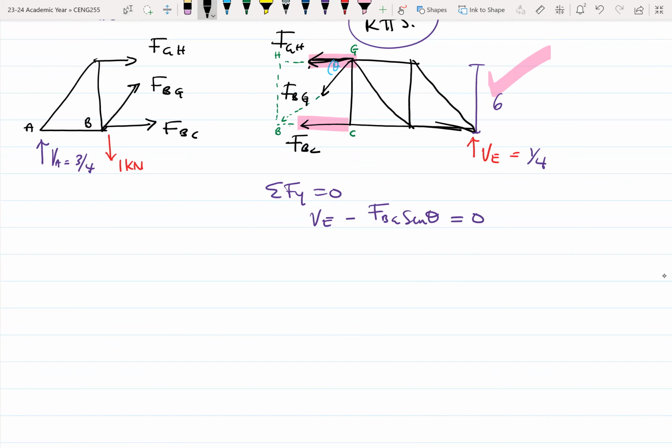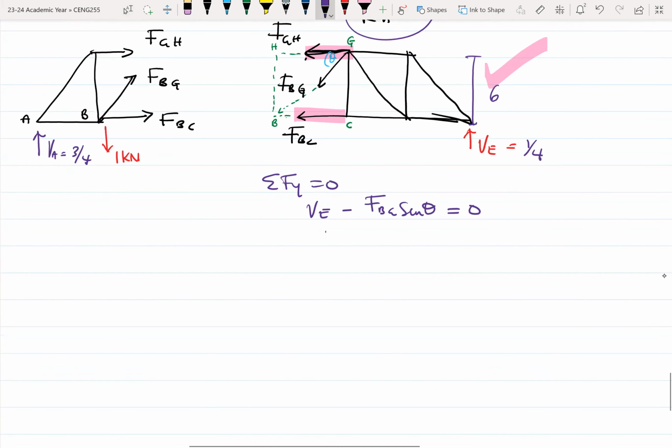So from here, sorry, no, we're looking for F. So FBG will be equal to VE over sine theta when it goes to divide.